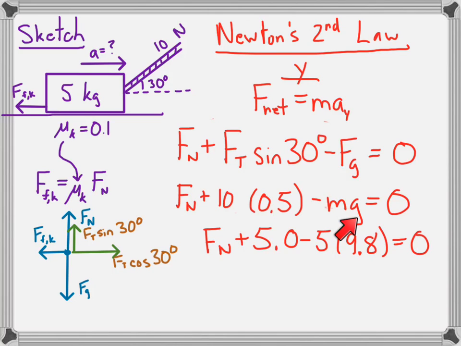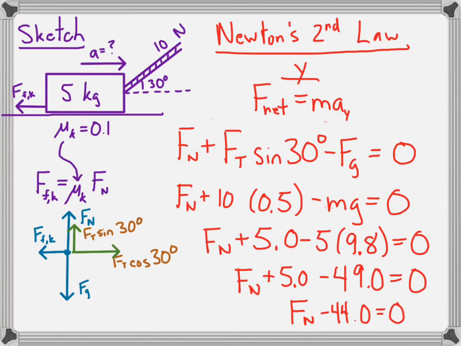Notice I didn't say negative 9.8 because that negative sign means pointing downward, and I've already told this equation that gravitational force is pointing downward, so I don't need another negative. So I have normal force plus 5.0 minus 5 times 9.8 equals 0. I can simplify this. Let's evaluate that. And finally I get normal force minus 44.0 equals 0.